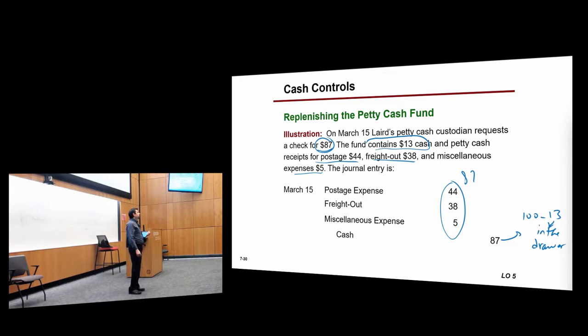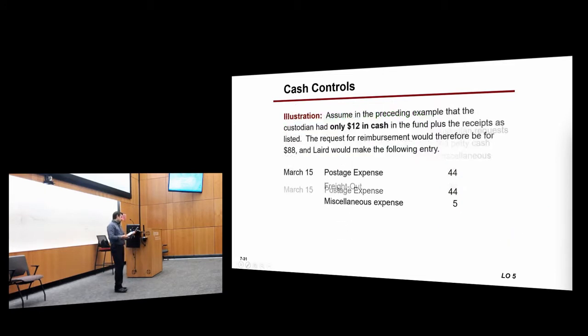In that case, how much would the custodian request to replenish the account? 100 minus 8. 92. Basically, what you need to do is have the petty cash fund balance be 100 after replenishment, regardless of what money was lost or what money was found.